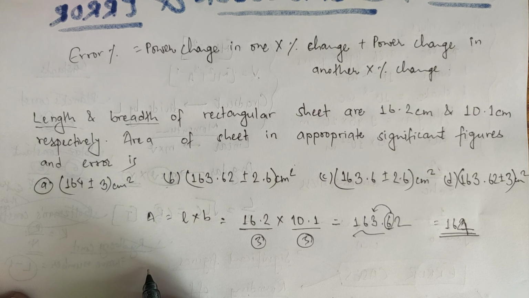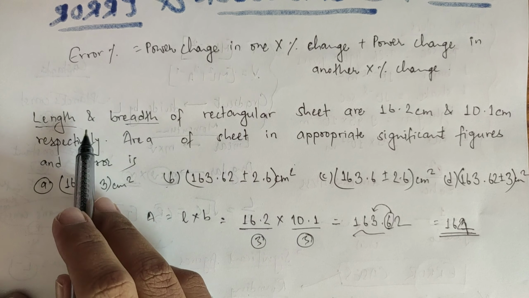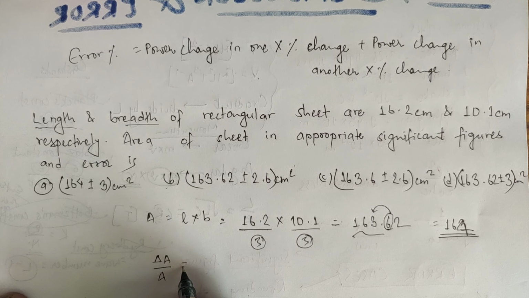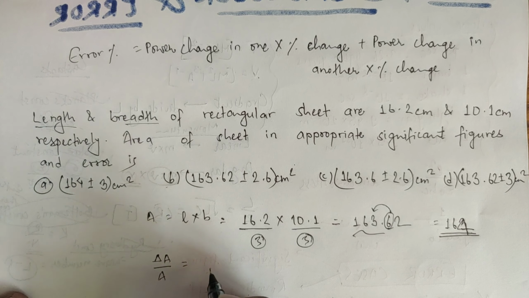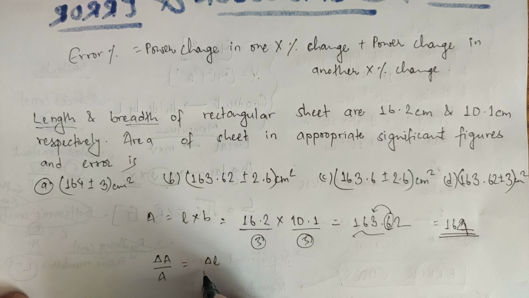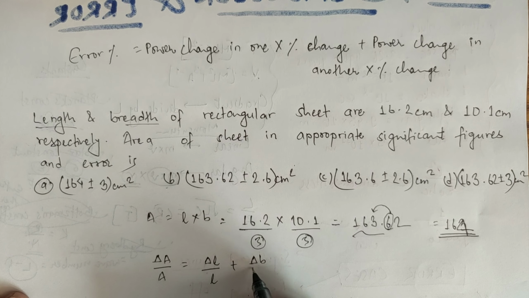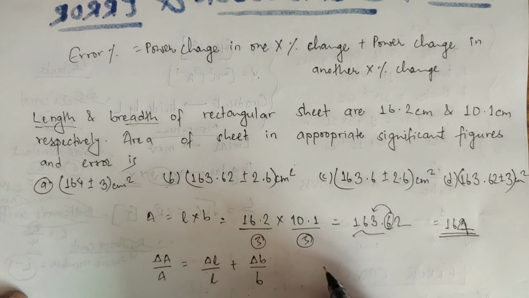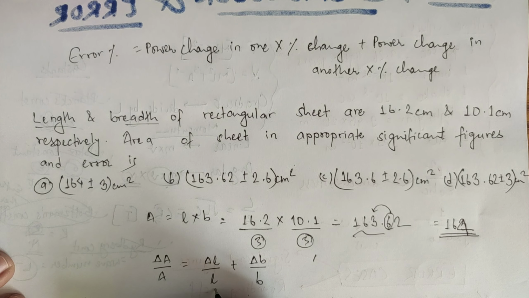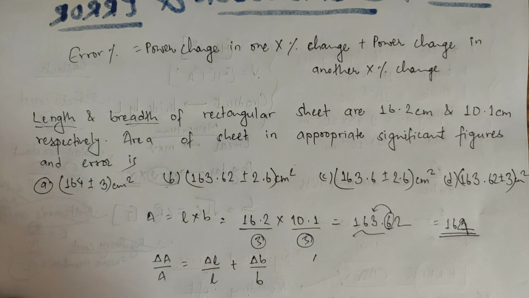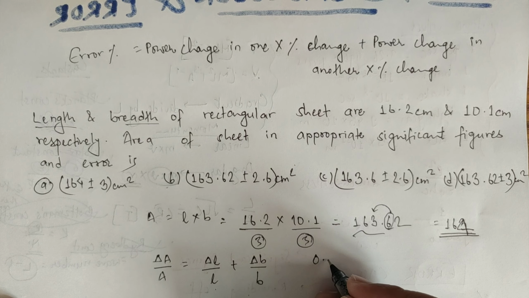Now for error, delta A by A is equal to delta L by L plus, no power here, delta B by B. Delta L is 0.1.